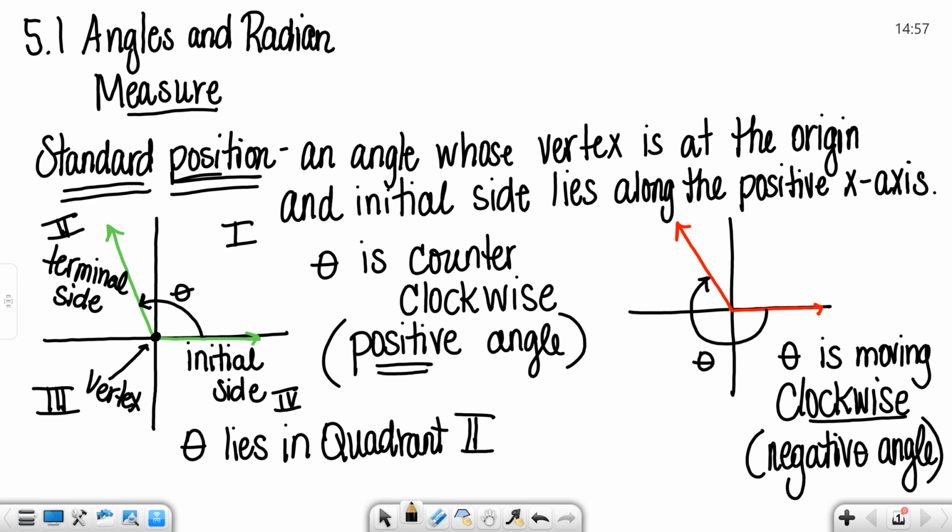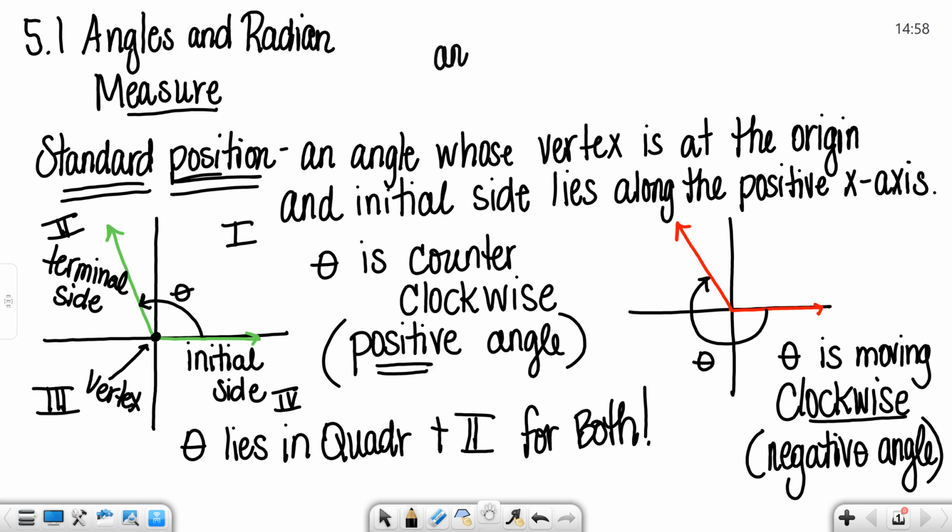If you'll recall, our quadrants are 1, 2, 3, or 4. Over here where we have theta with the red angle, it is also in quadrant 2, for both of these, because again, my terminal side lies in quadrant 2. It has nothing to do with where I put that actual theta symbol. It has to do with where that terminal side is.